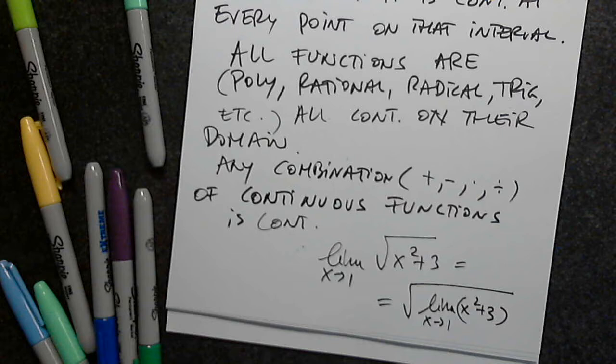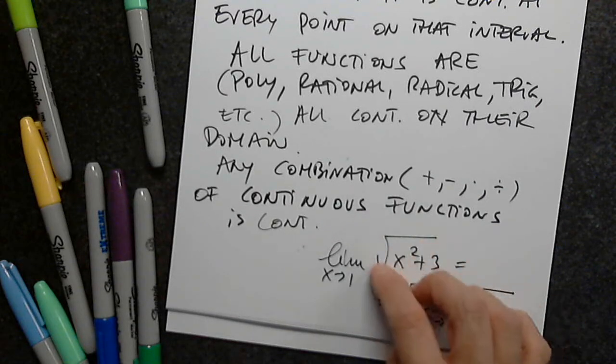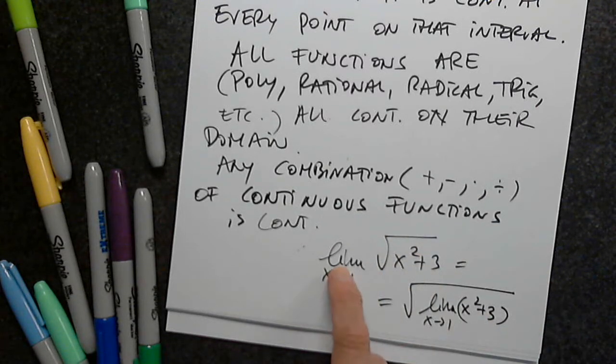We swapped the operators. The square root is an operator, and the limit is an operator, and they got swapped. Why? Because x squared plus 3 is continuous, and the square root is continuous. Not just x squared plus 3 is continuous everywhere, but also the square root of x squared plus 3 as a function is continuous everywhere. So that allowed us to swap the limit operator with the square root operator. And that's the theorem that I keep telling you about. Any questions?